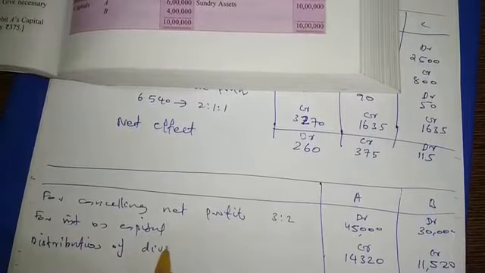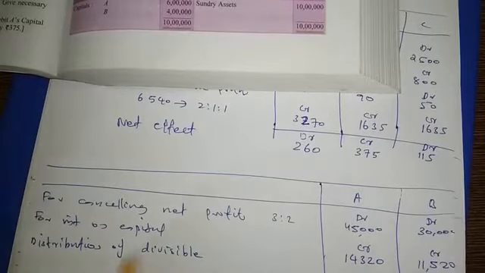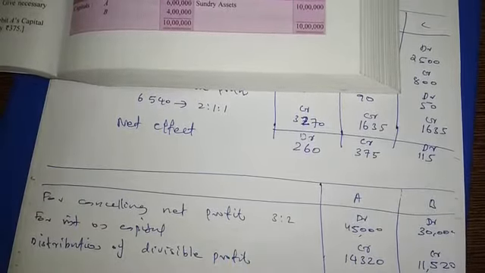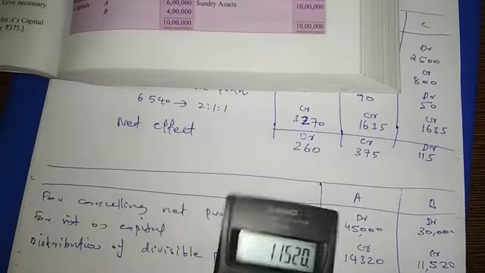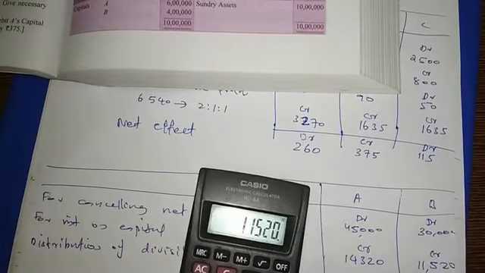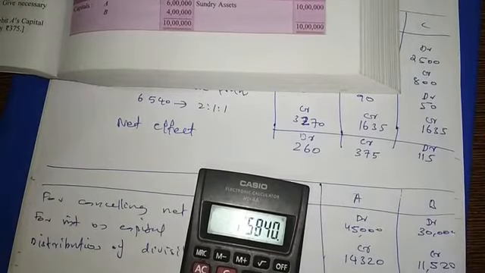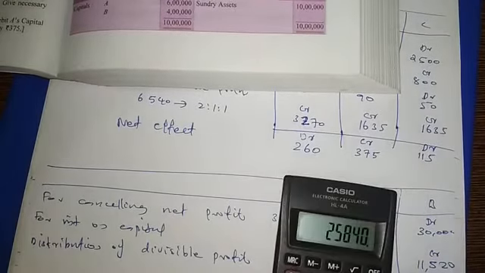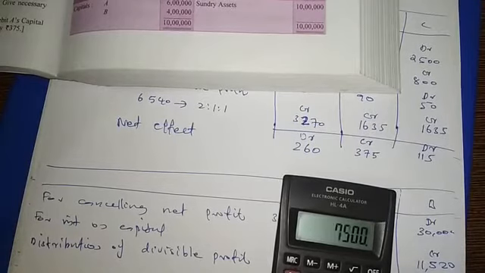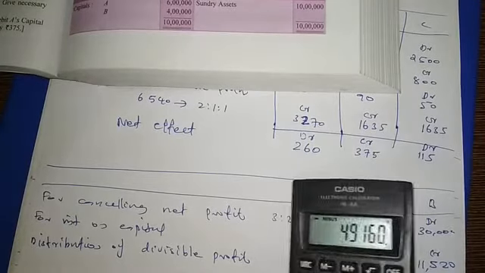Now the distribution of divisible profit. Here interest on drawing we are not taking. How much will the divisible profit be? The interest is 11,520 plus 14,320, and this total you have to subtract from 75,000. So it is 49,160.